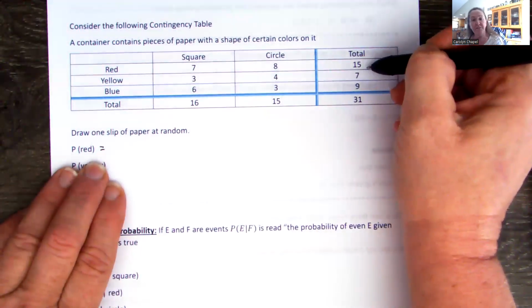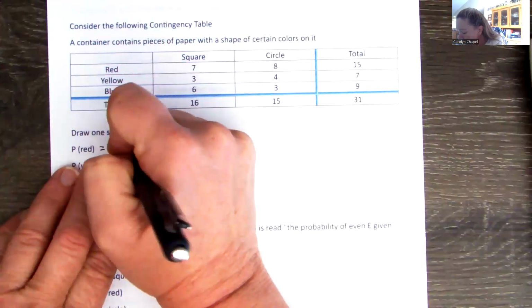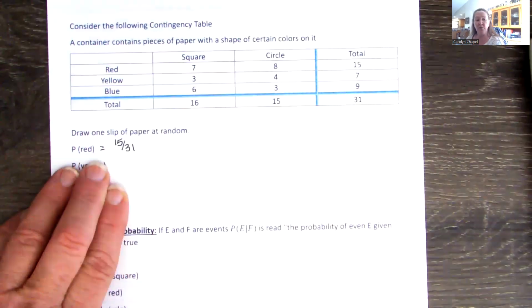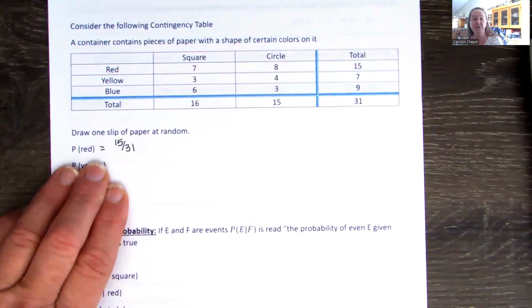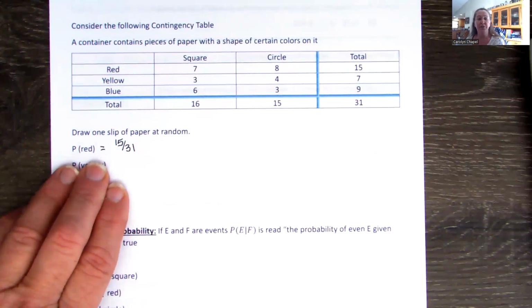Well, that is going to be our 15 red ones out of our 31. I am going to just leave them in fraction form. You can, if you wish, turn them into decimals by taking 15 and dividing it by 31. But leaving it in fraction form can help you remember where those numbers came from.